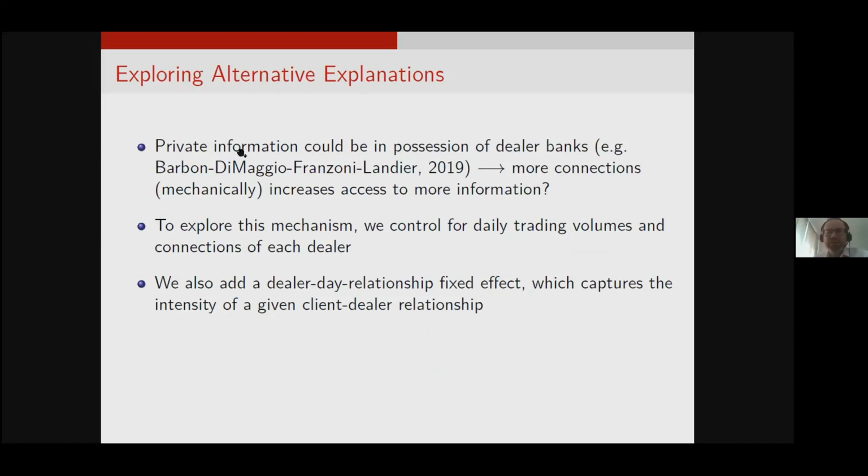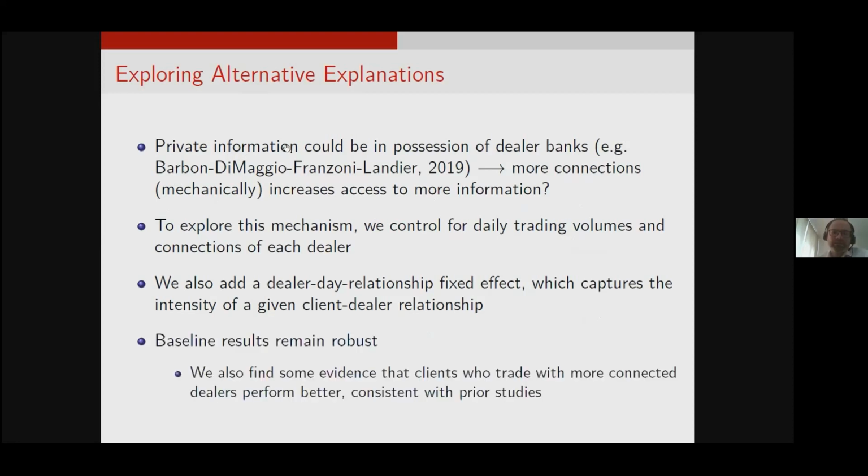Okay, given the time constraints, I'm just flagging that in the paper we do try to rule out alternative explanations in addition to what I mentioned so far. For example, a recent paper by Franzoni and others emphasizes that private information could be in the possession of the dealers. So more connections almost mechanically perhaps increase the access of the given clients to that information.